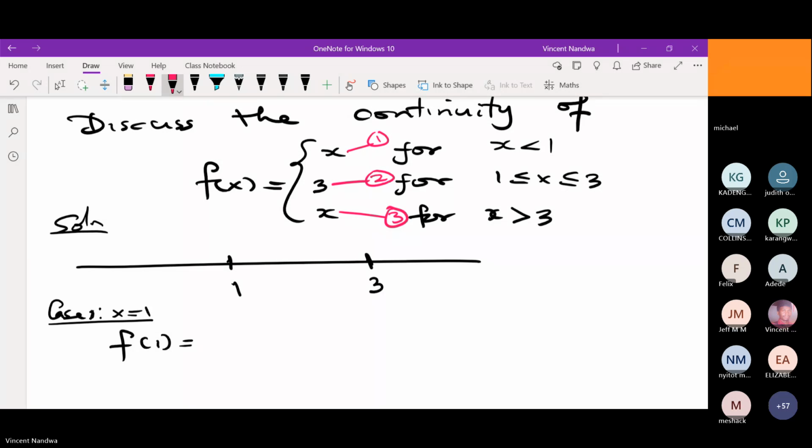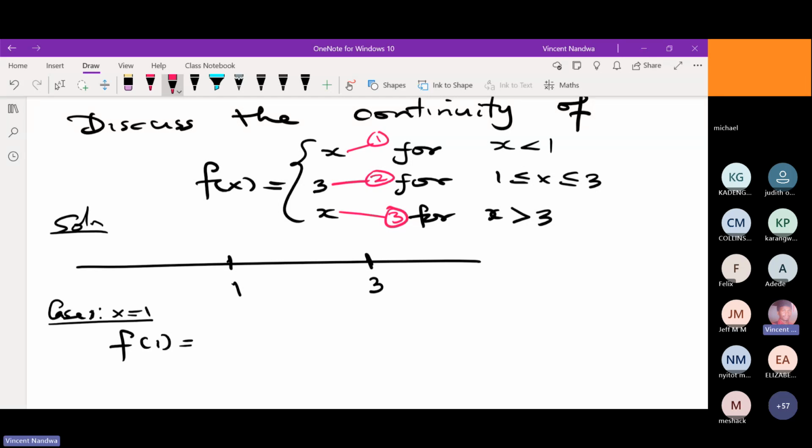Which formula will give us f of 1? Remember, this is how the function is defined. f of x will be x for all values of x strictly less than 1.